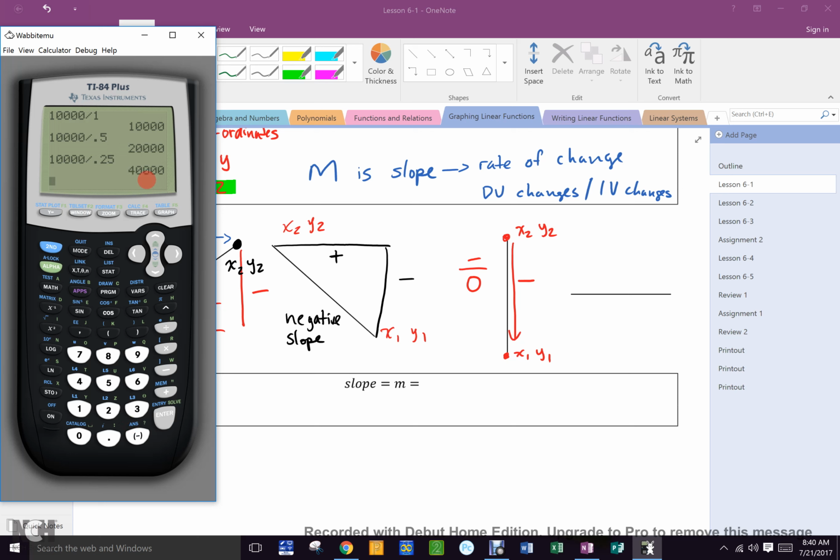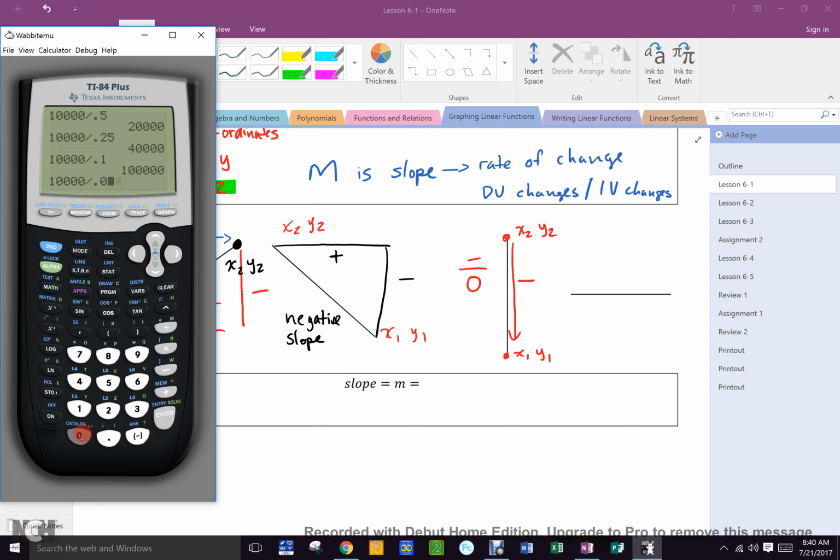Right? What's 10,000 divided by 0.1? 100,000. What's 10,000 divided by 0.00000000001? Is that almost 0? It's pretty darn close to 0, isn't it? Look at the size of the number. It's a trillion. Does everybody see?